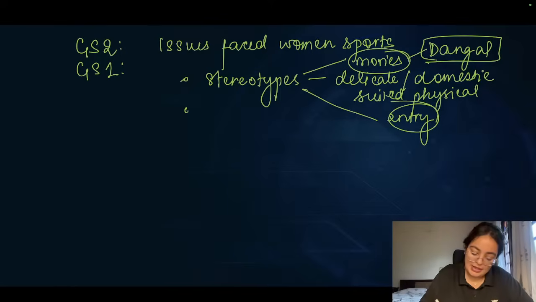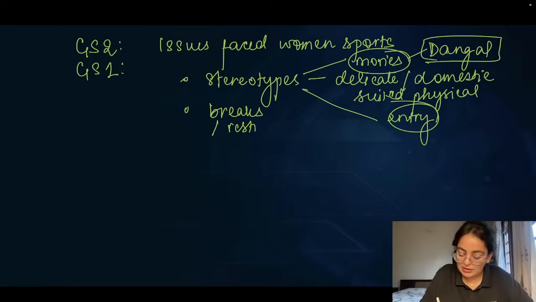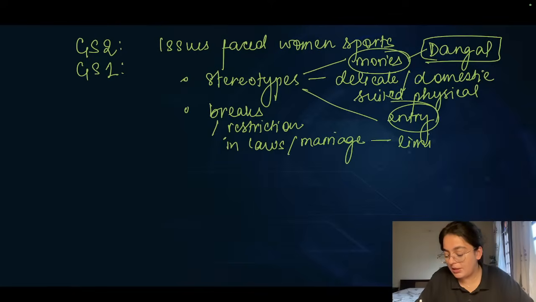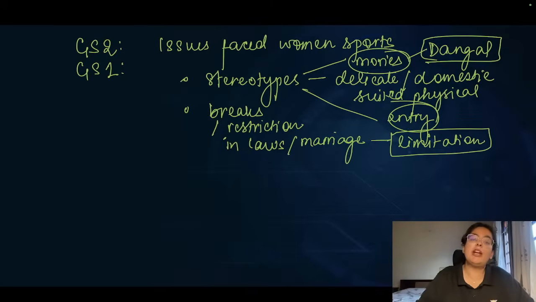The next is associated with various breaks or restrictions by, for instance, in-laws or after marriage that can also hamper. For example, the moment a girl is married, various limitations, for example, limitations in terms of training time, when should you train, when should you go, etc. There is also suspicion associated with it.